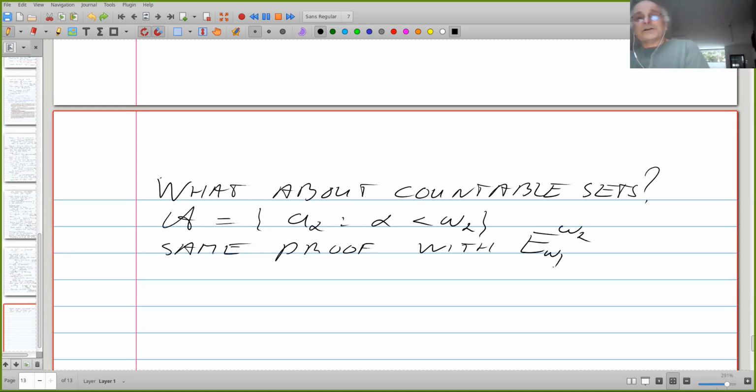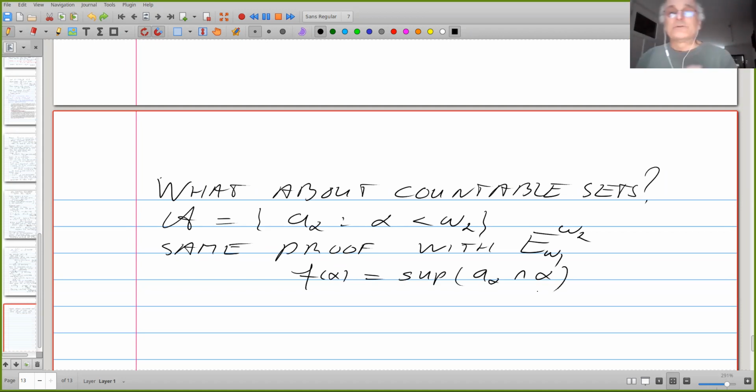We take the stationary set of all ordinals of uncountable cofinality, and then we run it through the same proof where we say that F alpha is the supremum of A alpha intersect alpha. A alpha is countable, its supremum is way smaller than alpha itself, because that cofinality is omega 1.